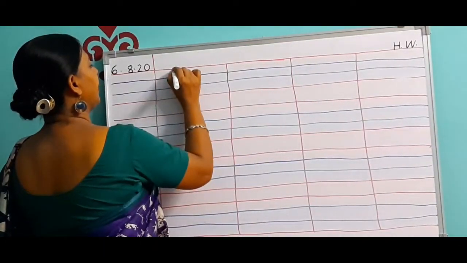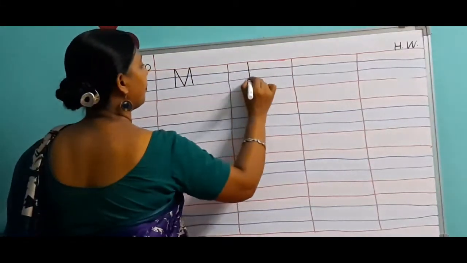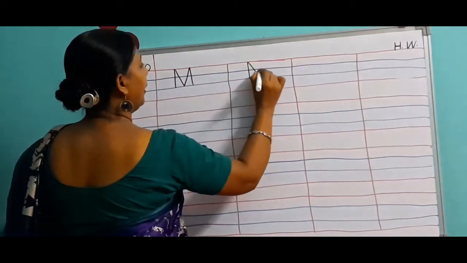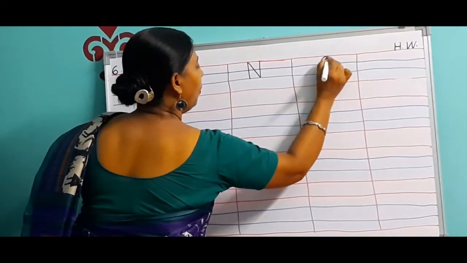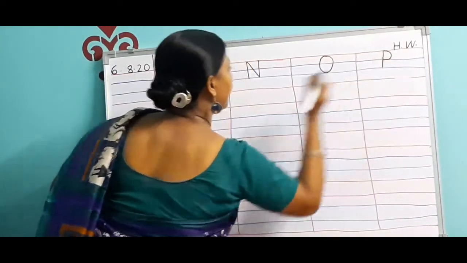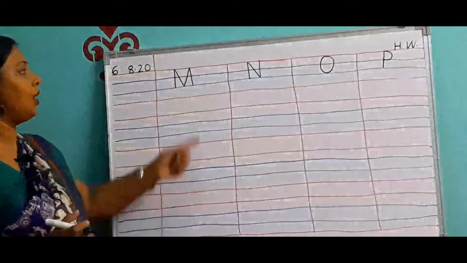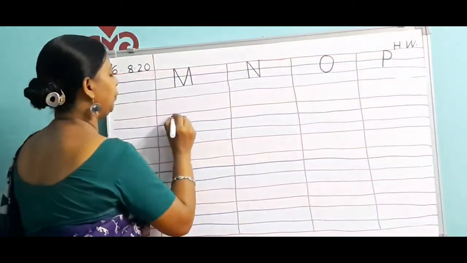This is your homework: M, N, O and P. Okay, this you have to do as homework. I'll show you how to do it. Very neatly you will do it.